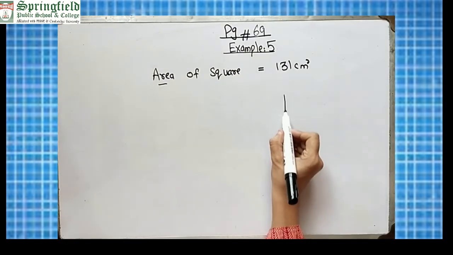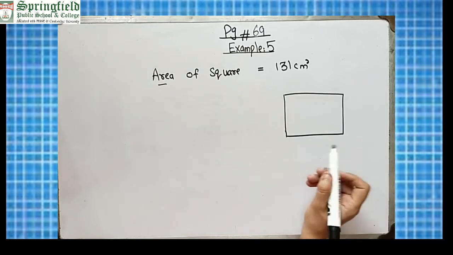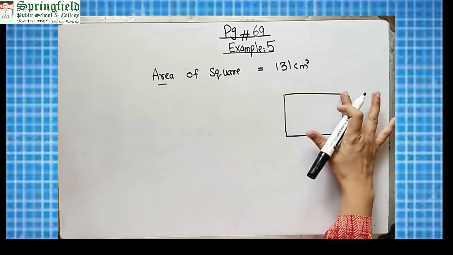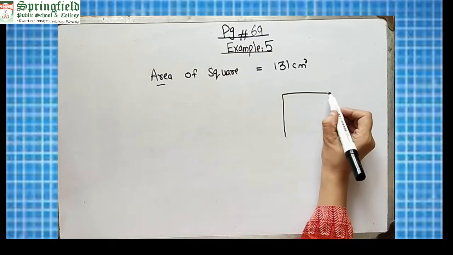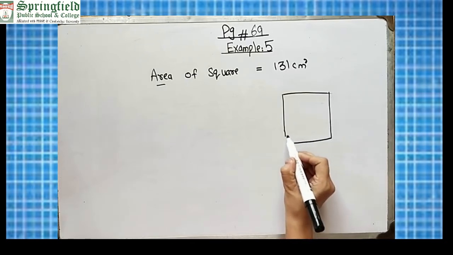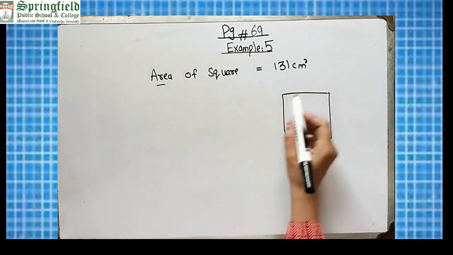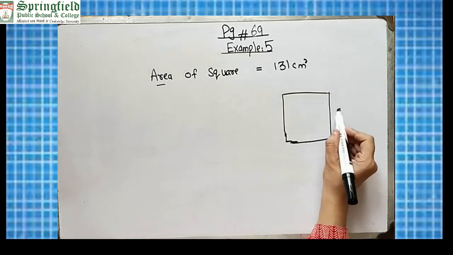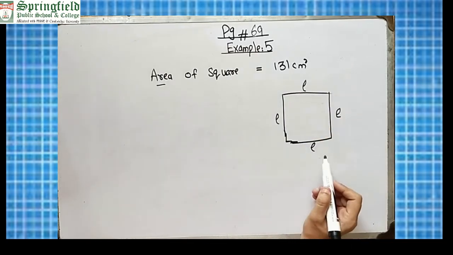So square means just like this shape. Fine? A square has 4 same sides. The lengths of all the sides are the same. So let this side be L, then the others must be L, L, L. All the sides are the same.